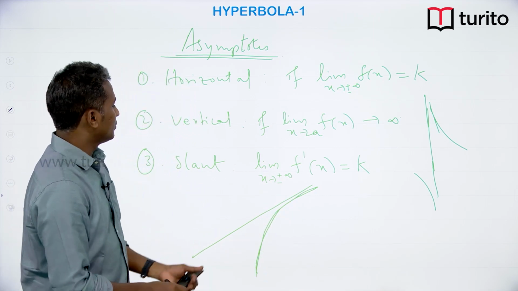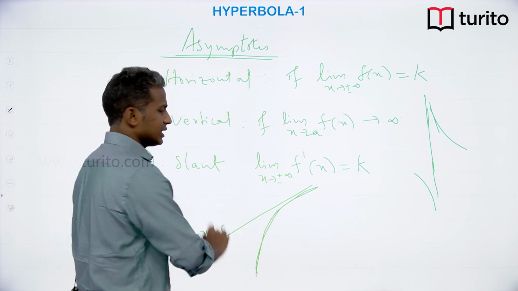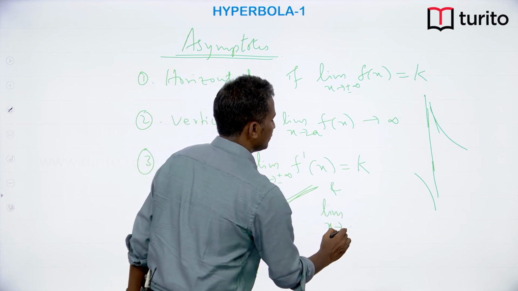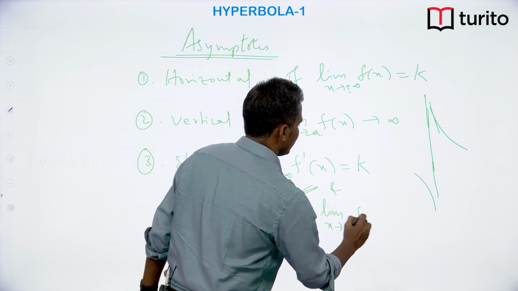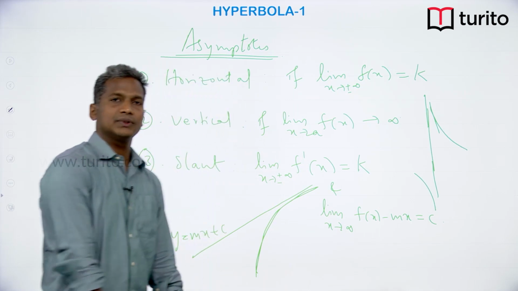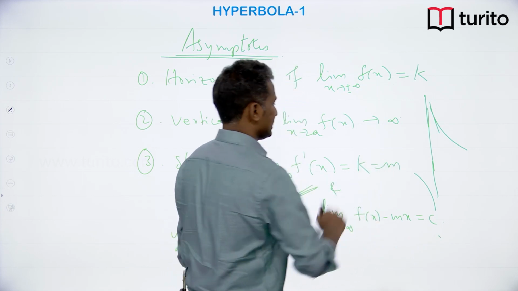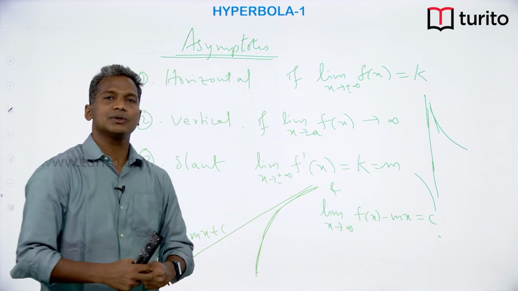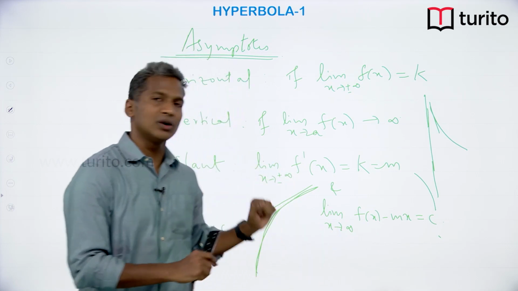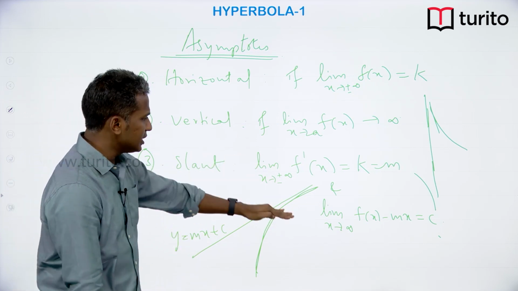If this line is y equals mx plus c, then along with this condition we can also say that the limit as x tends to infinity of f of x minus mx will tend to a constant c. Basically this slope is m and this is c. Using these two ideas, you can calculate the slant asymptote of any curve, not just a hyperbola.